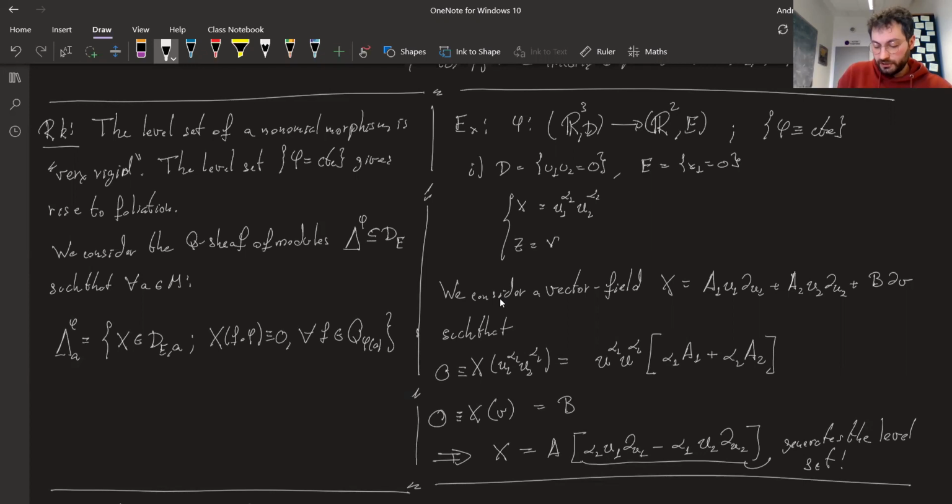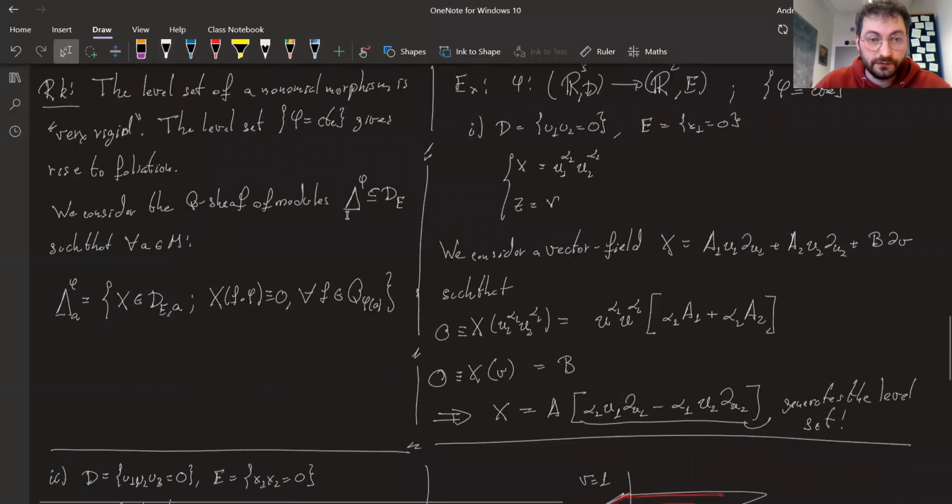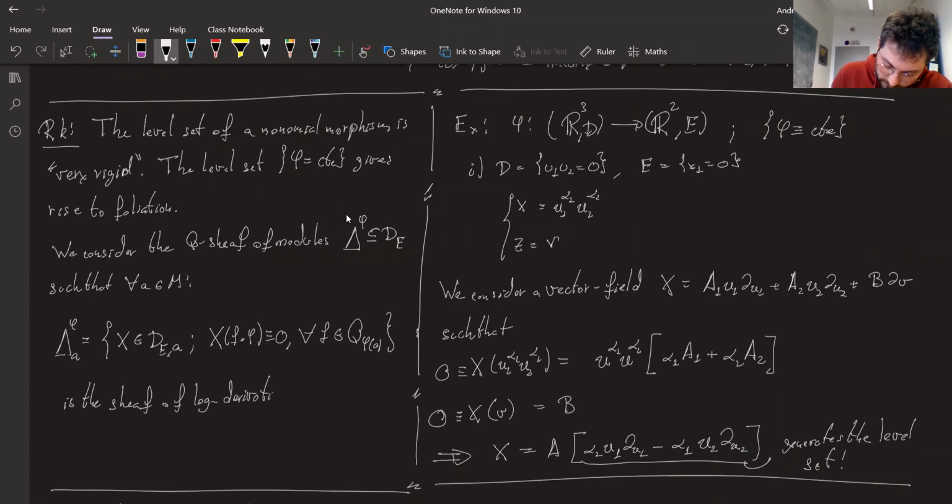So if we are in this situation, we're just pulling back x1 and x2, but we could have pulled back any other function. It's still going to be 0. So this is going to be the sheaf that is going to describe this level set, of log derivations tangent to phi.